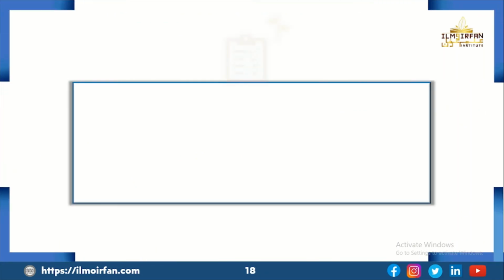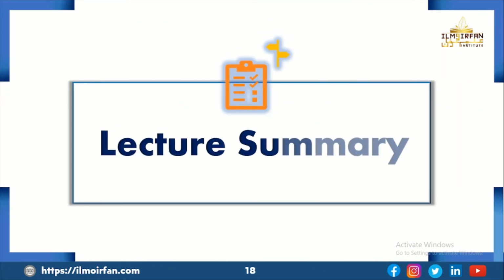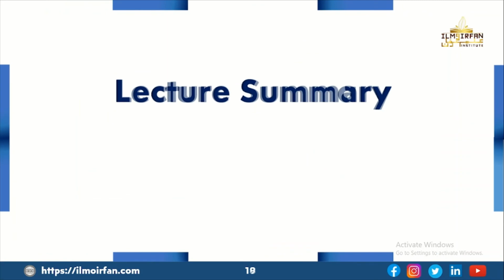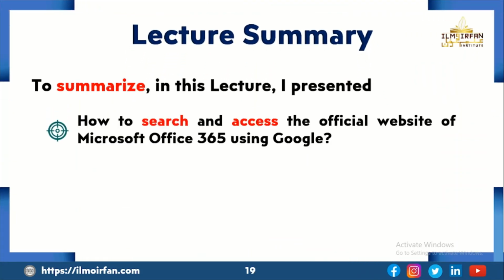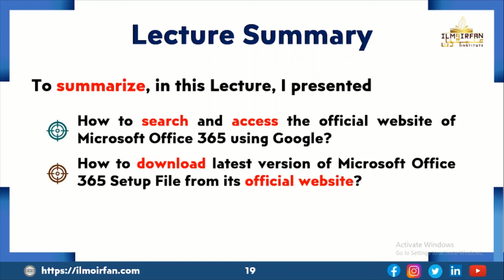Let's move to the lecture summary. To summarize, in this lecture, I presented how to search and access the official website of Microsoft Office 365 using Google. After that, I showed how to download the latest version of the Microsoft Office 365 setup file from its official website.